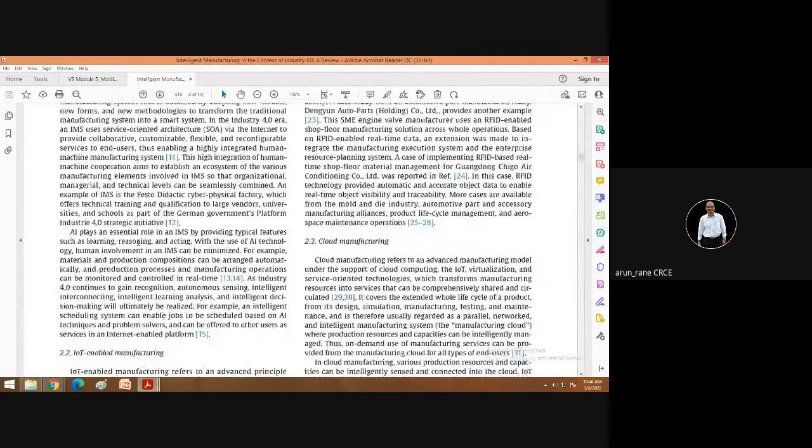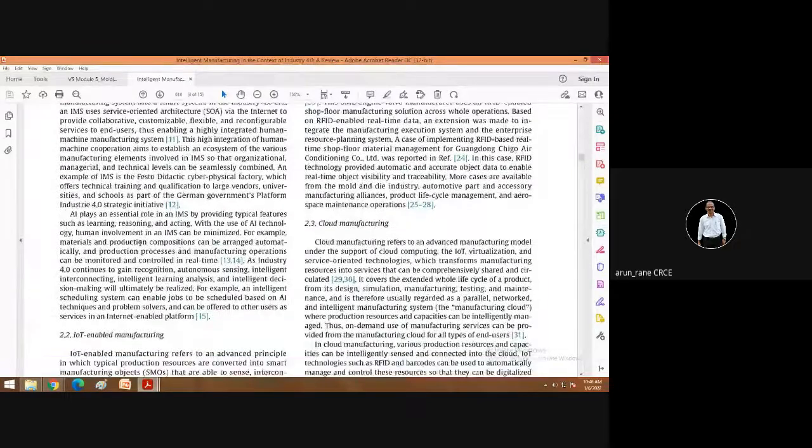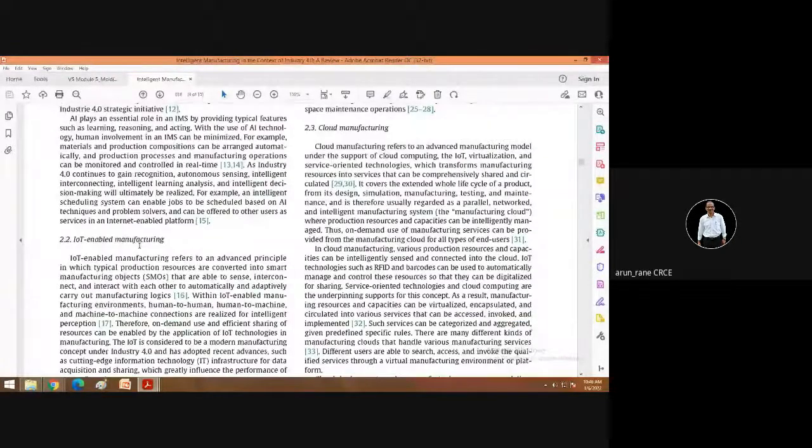Not only that, you can also see, if the production is stopped, what is the reason behind that? What is the reason for stopping the production? Is it because there are no people, that is, people are absent, or they have gone somewhere else? Or is it because there is no material, there is no inventory?